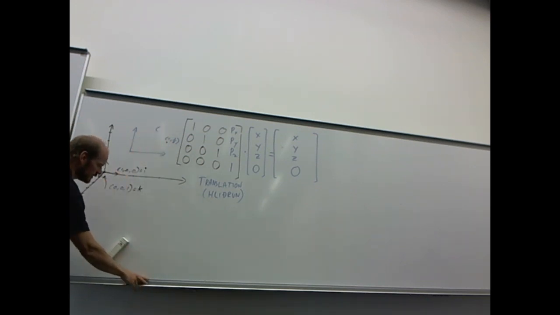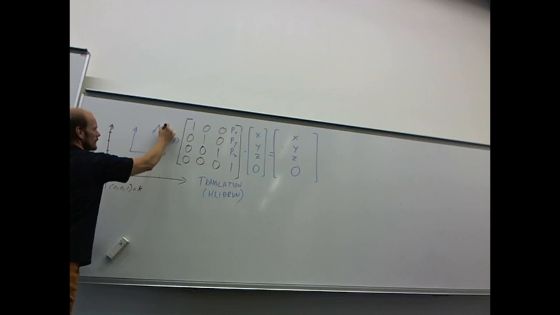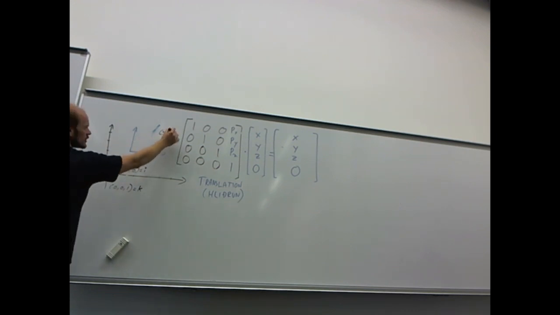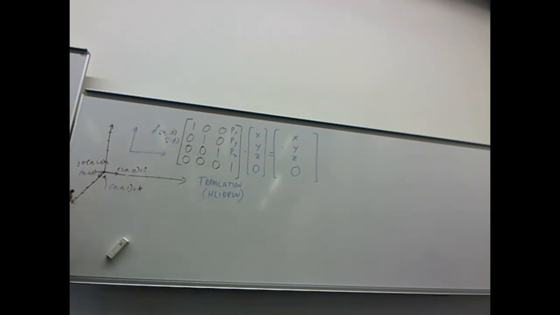Same point, but coordinates 4 and 1, 2, 3, just about. Let's imagine that's exact. Same point, different coordinates: coordinates in my local coordinate frame, coordinates in my global coordinate system.